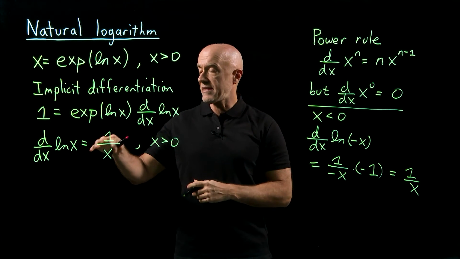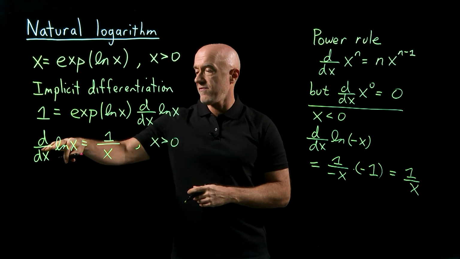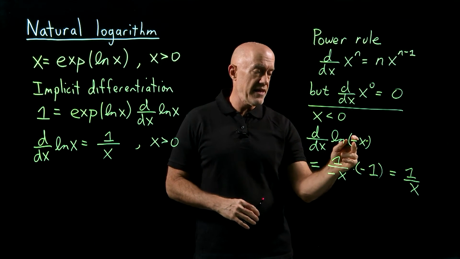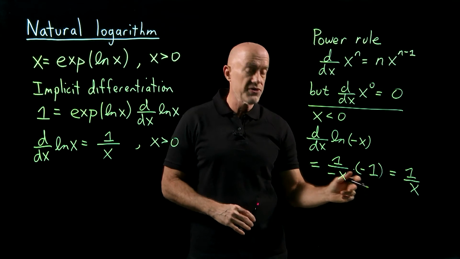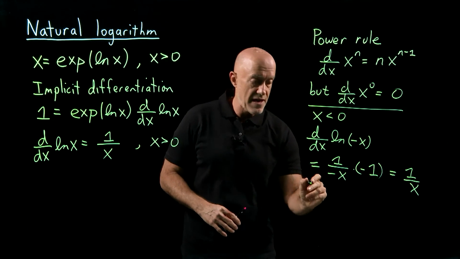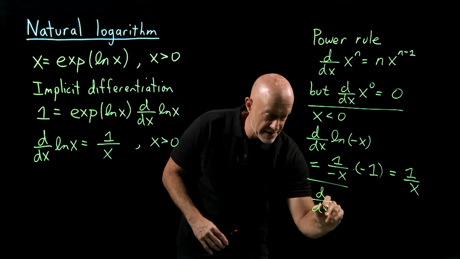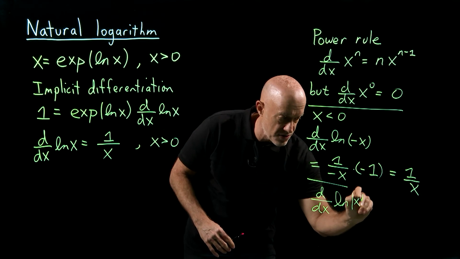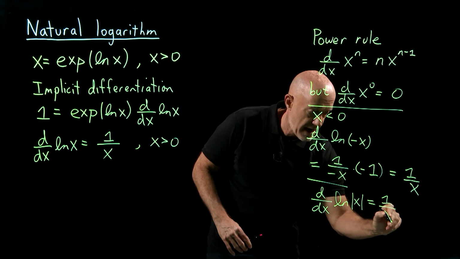Okay, so when x is positive, the derivative of log x is 1 over x. And when x is negative, the derivative of log negative x is also 1 over x. What that means is that we can combine that. So the derivative with respect to x of the log of the absolute value of x is equal to 1 over x.